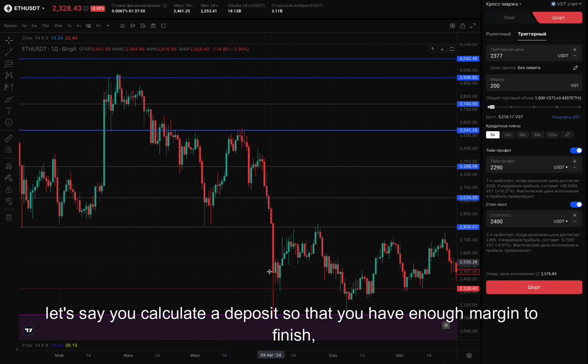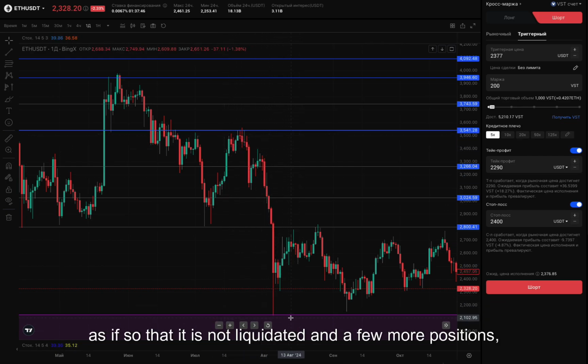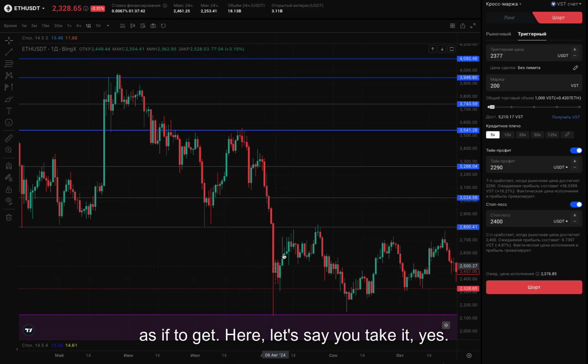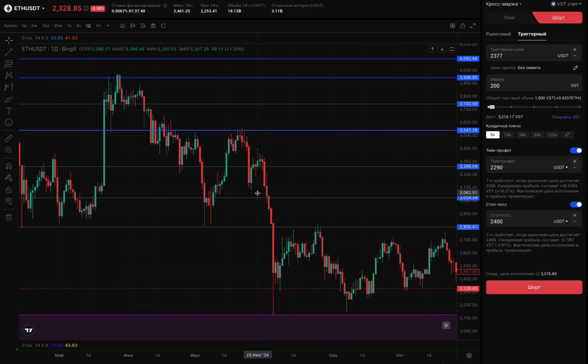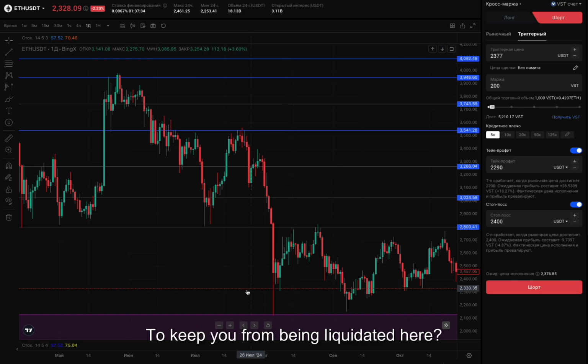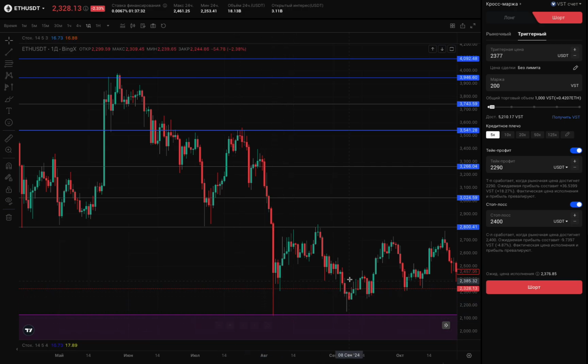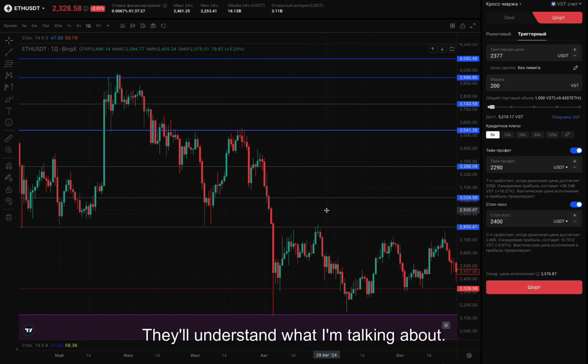Let's say you calculate a deposit so that you have enough margin so that it is not liquidated, and a few more positions to get. On average, calculating once more, to keep you from being liquidated here, and so on. They'll understand what I'm talking about.